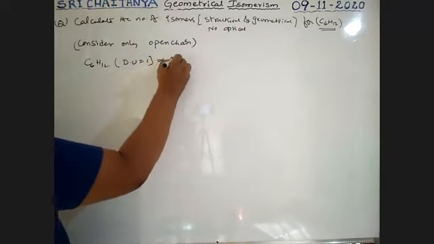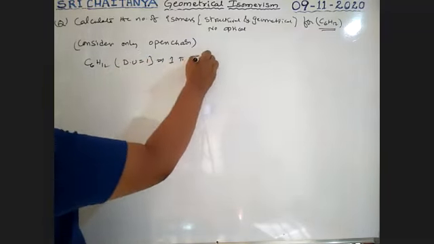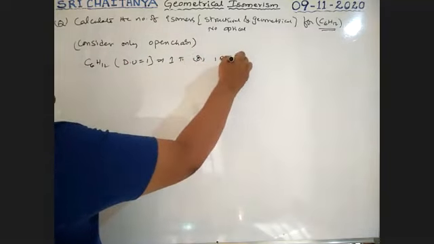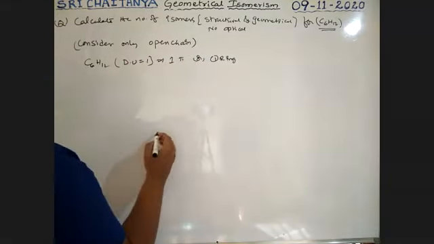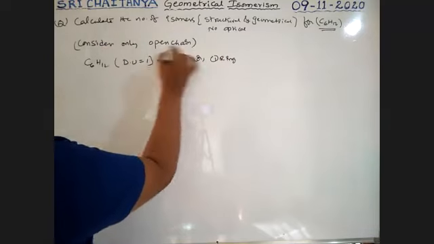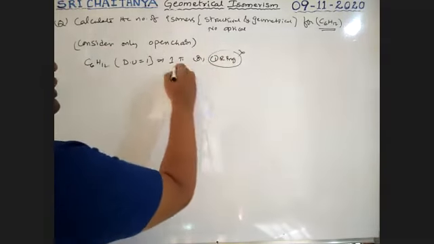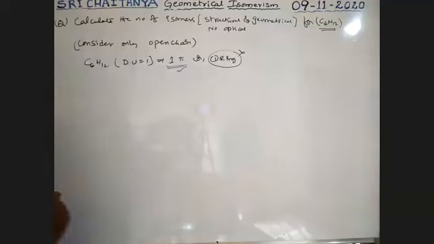It has 1 pi bond or 1 ring. But he considers only open chain, that is why ring is not considered. Only the 1 pi bond open system we consider.